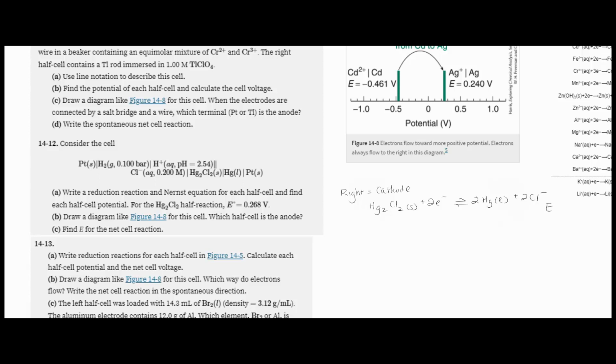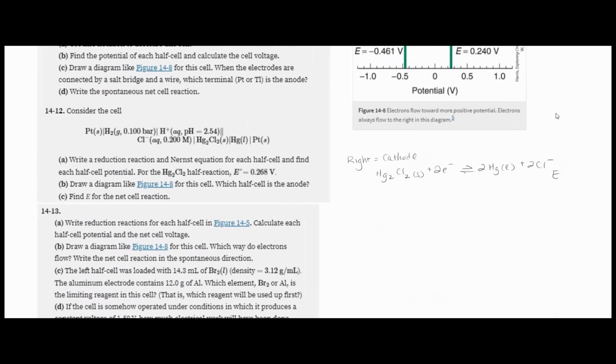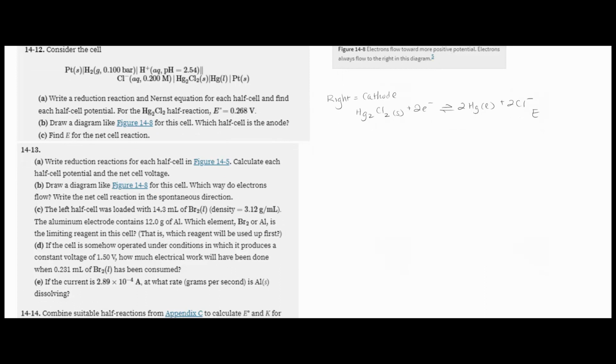And then the E naught for this reaction is a positive 0.268 volts.